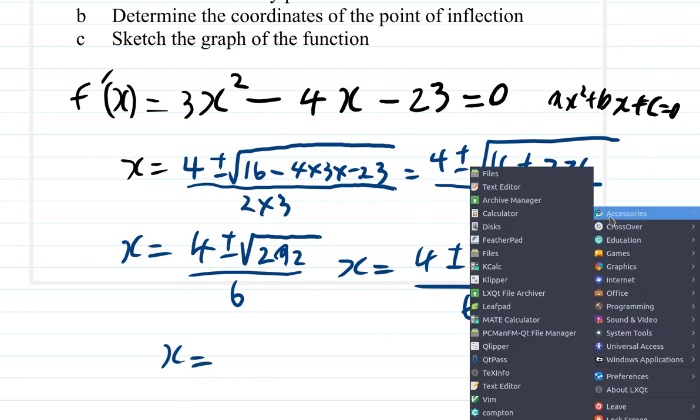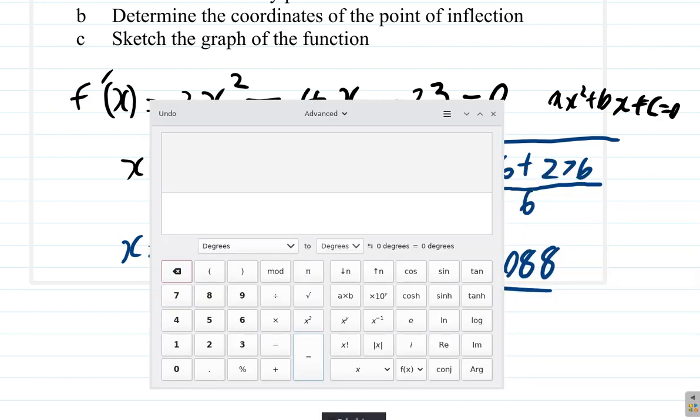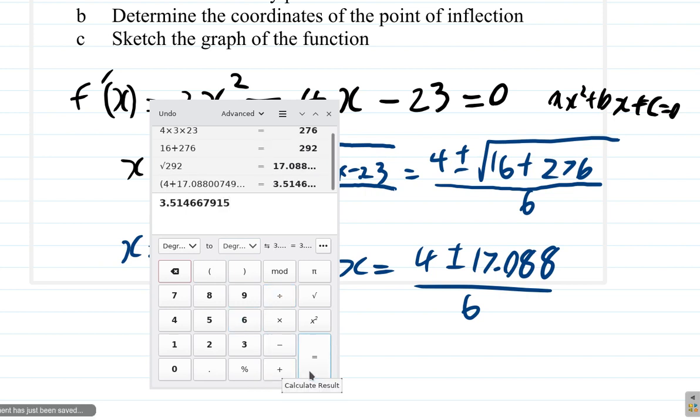Then we go back to our calculator. It's going to be 4 plus in one case and then 4 minus in the other case. So it's 4 plus that, in brackets, and then over 6 equals 3.51. Call it 3.51.